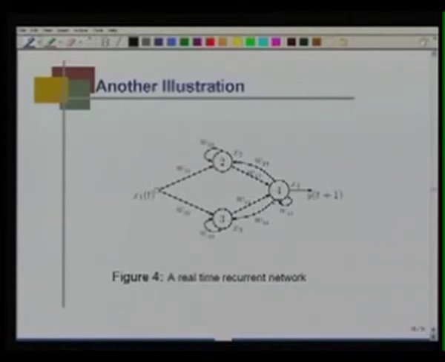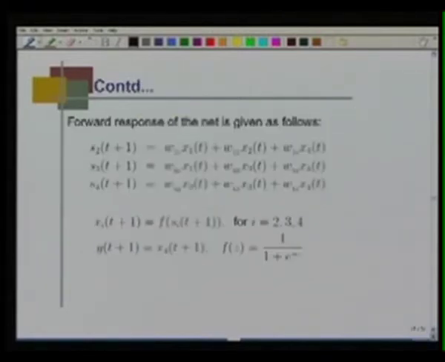Similarly, W34 is a connection weight from 4 to 3, and of course W33, W22, W44 are all self feedback connections, and these connections all have single delay. We assume that all these connections are single delay. Okay. So, based on that assumption, we will write what is the forward response of the network.